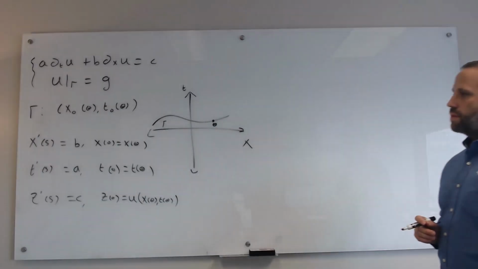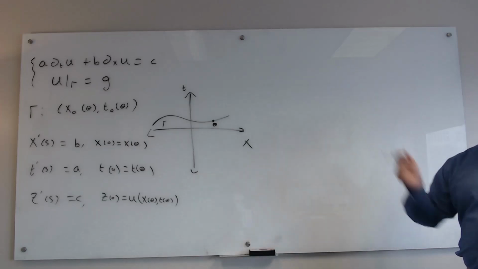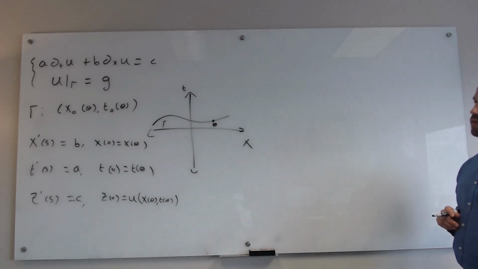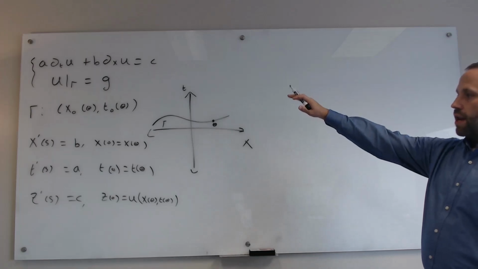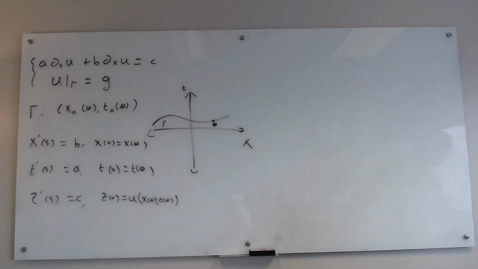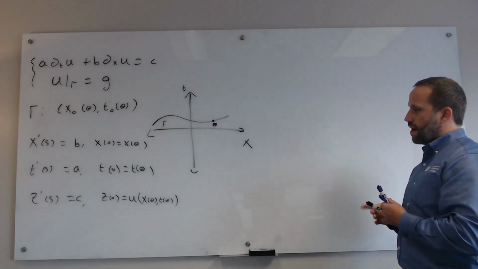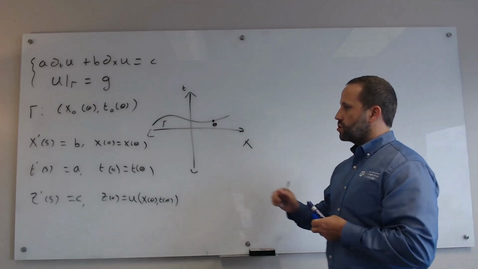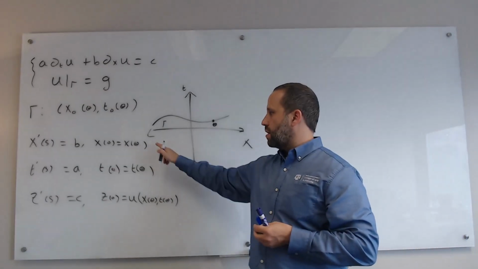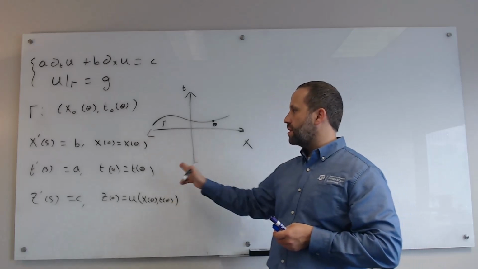So let me just step back. We have this system of differential equations. x prime is whatever is multiplying the x derivative. t prime is whatever is multiplying the t derivative. And then z prime is going to be the right-hand side, and we have the corresponding initial conditions. So then what we've seen is that for every theta value, we can solve these two equations without worrying about z at all. That's important for this.